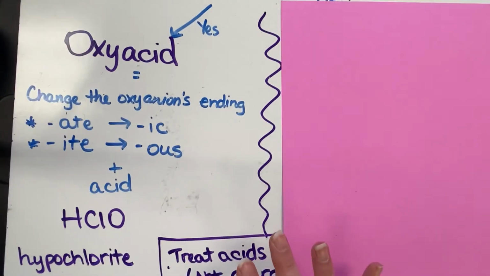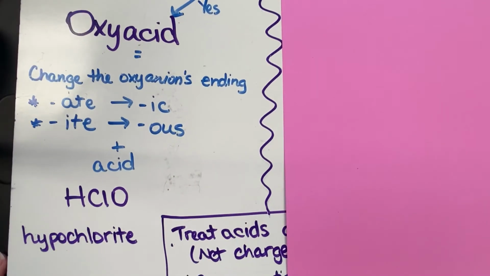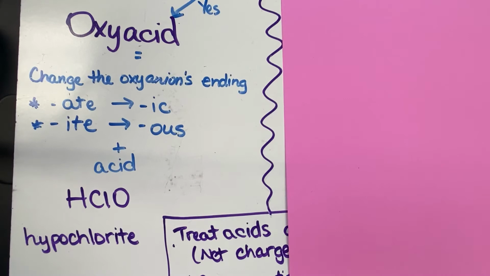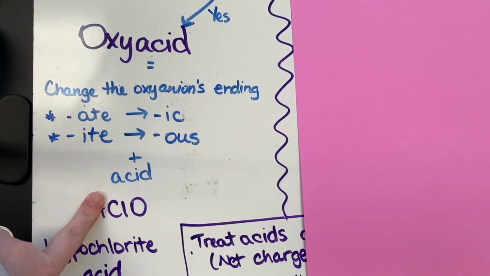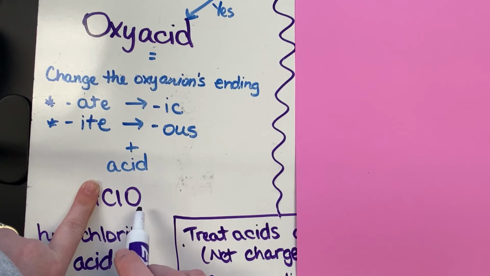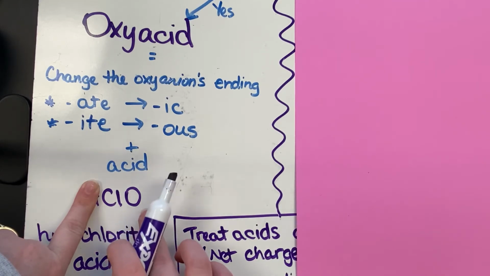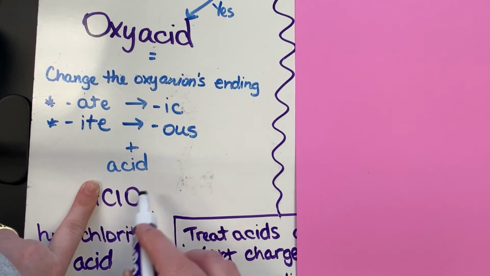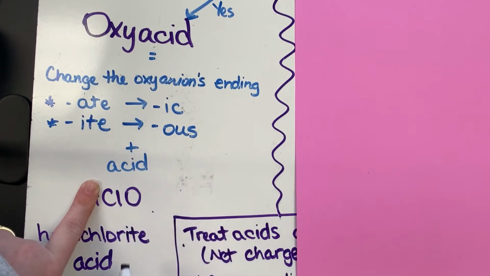So in this example, it starts with an H, so we know that it's an acid. We're going to take care of that by writing the word acid in our name. Now we're done with hydrogen, so we can just ignore it from here. Now we're going to look at just the second ion, my oxyanion, which is ClO.